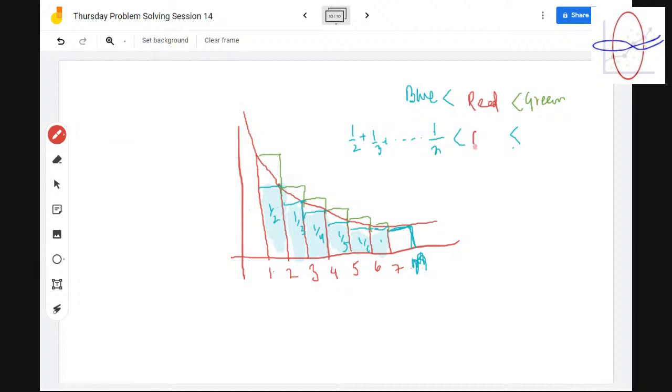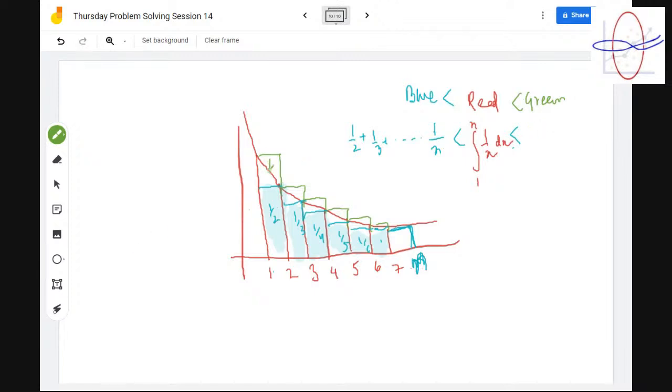Red will be integration 1 to n, 1 by x dx, and the green is what? Let's check it out.